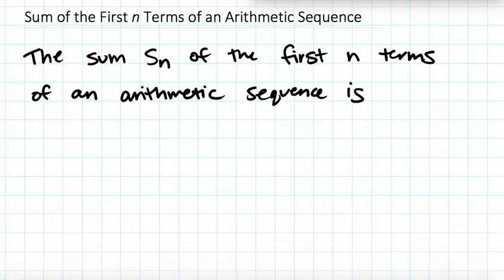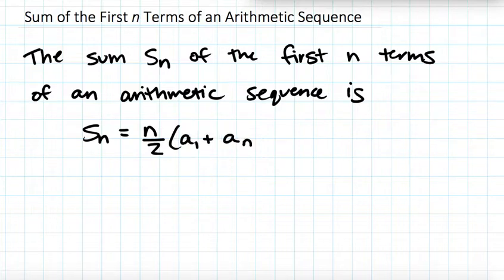S sub n equals n divided by 2 times a sub 1 plus a sub n. So again, you don't have to memorize this obviously for this class, but you need to make sure that you have this formula ready to use and are able to plug in correctly and use it.